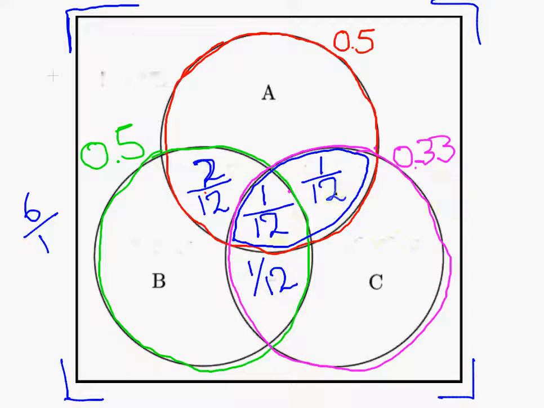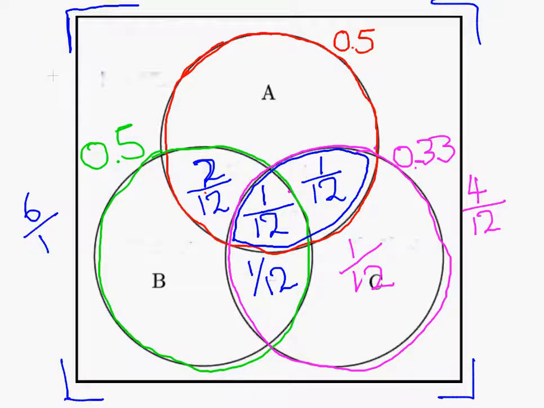So we've already accounted for 0.33, that's equal to 4/12. Okay. So by deduction, we know that this remaining area here is also 1/12. B over here is 6/12, and we've already counted for 4 of them.